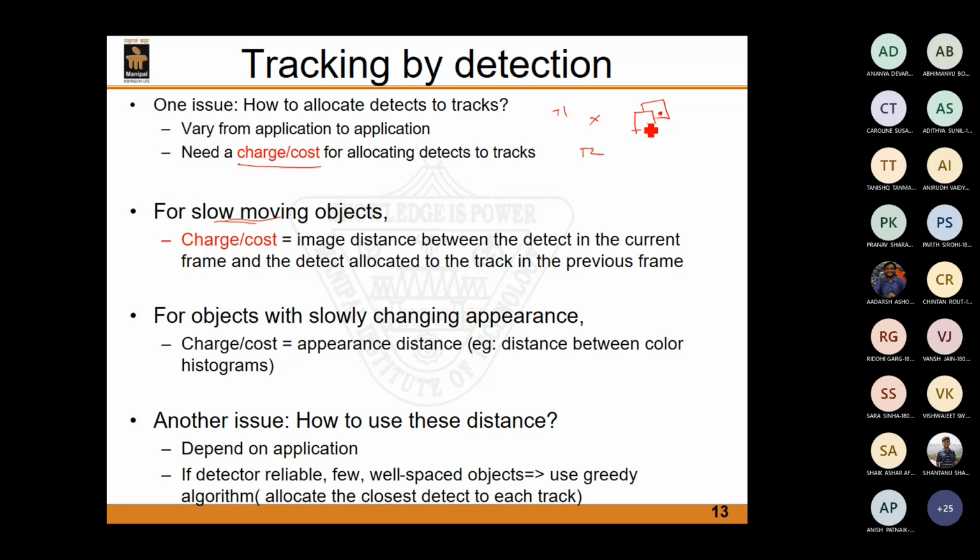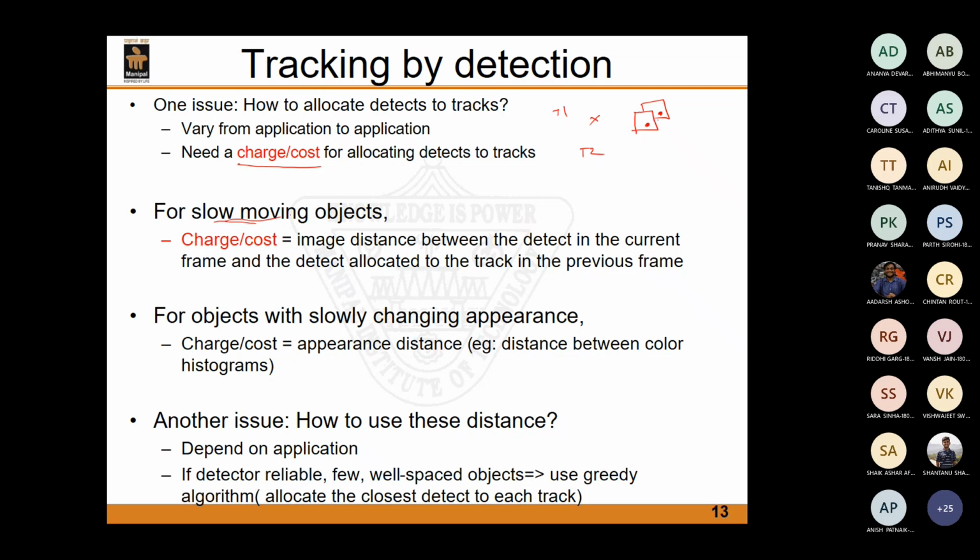So by looking at the appearance, we can conclude that these belong to the same object, and then do the tracking. Now, another point you have here is, how do you decide whether the cost which we have allocated is a high cost or low cost?